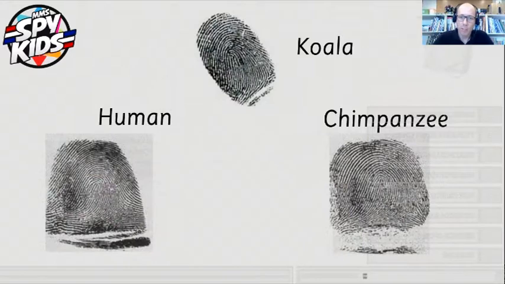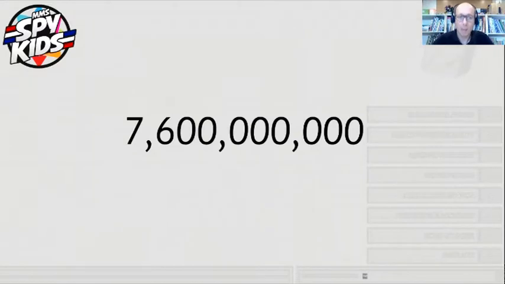Now, this is ideal. We want to identify people precisely to make sure this is that person. Well, fingerprints are all unique, and this is the case even with 7.6 billion people. I mean, even your hands, right? How many fingers have you got?